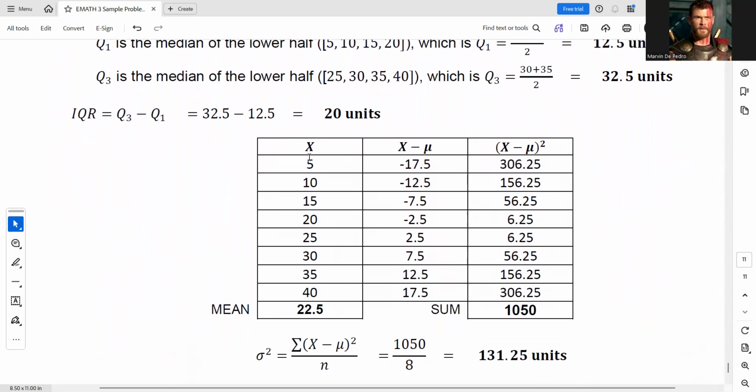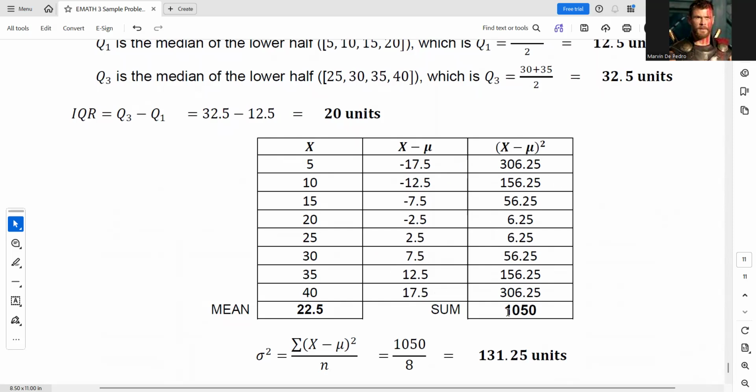So we list down all the data points, take their mean, which is 22.5, and on the second column, subtract that from each sample point. Then you square each result on the third column, and you take the sum of all these values.